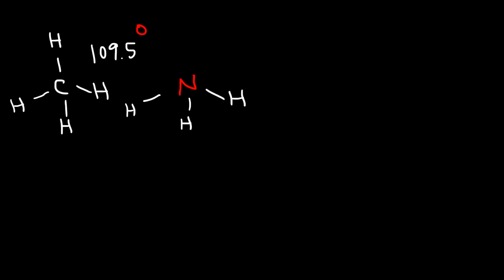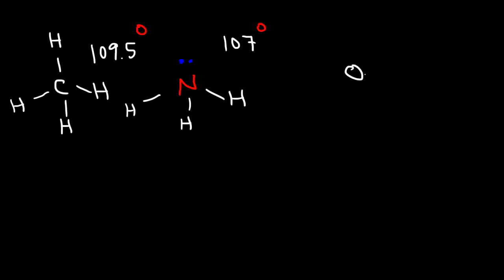And because we still have 4 things, in this case 3 atoms and a lone pair, the angle is going to be close to 109.5, but it's a little bit less. If you subtract this by 2.5, you're going to get 107 degrees. And that's the bond angle of ammonia with its trigonal pyramidal molecular structure.